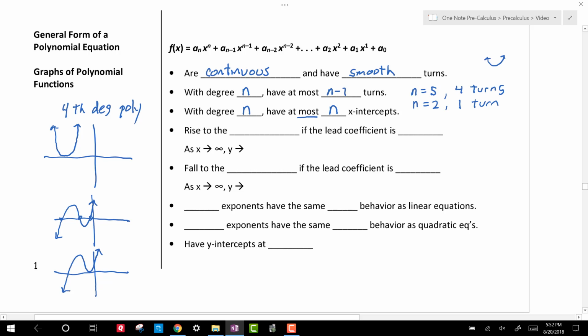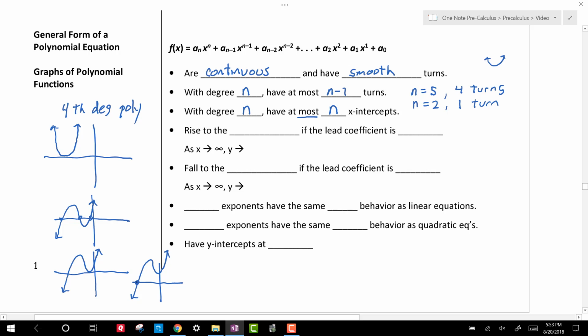Or if I shifted it up even further than that, I could make it look like this, where it only hits once. But I don't care how far you shift it up, that polynomial will always hit the x-axis at least once, because one side goes up and one side goes down. So if one side goes up and one side goes down, you're always going to touch at least 1 time.